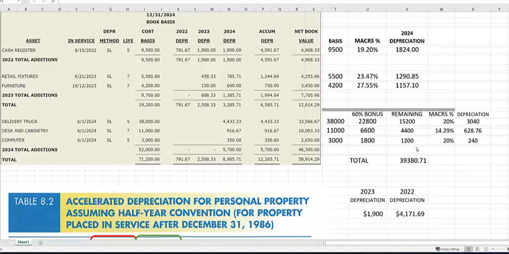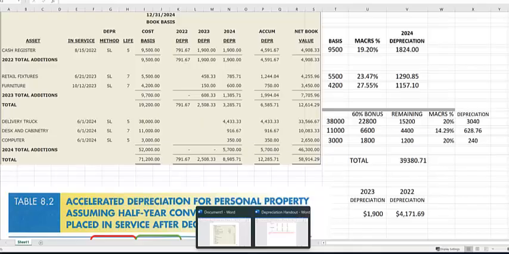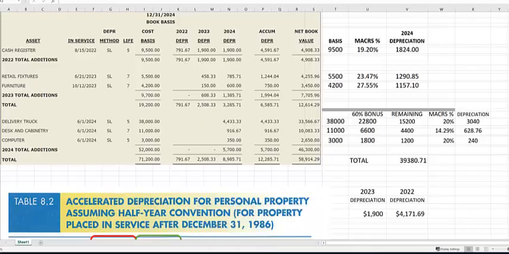And when we add that all together, we get $39,380.71.